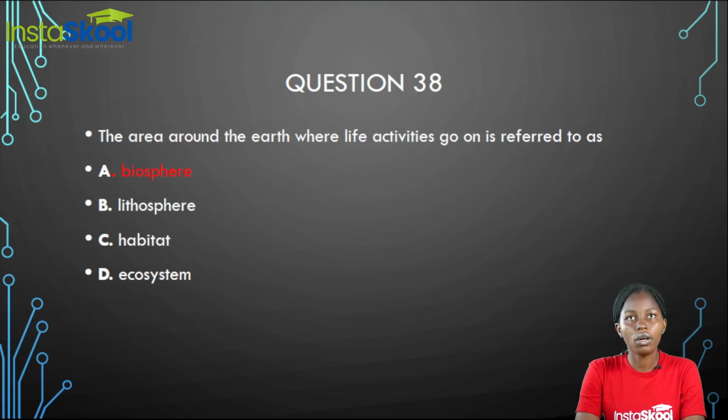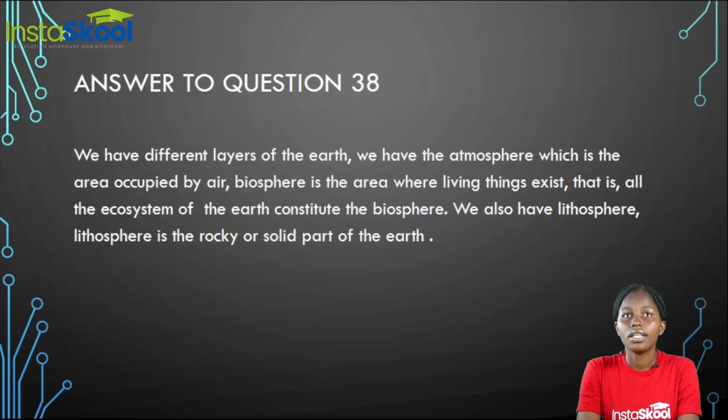We now move on to our question 38. The area around the Earth where life activities go on is referred to as dash. The Earth has different layers. We have the atmosphere. The atmosphere is the area of the Earth that is occupied by air. That is the atmospheric layer. Now, what about the lithosphere?